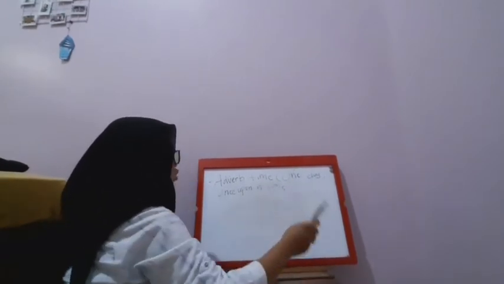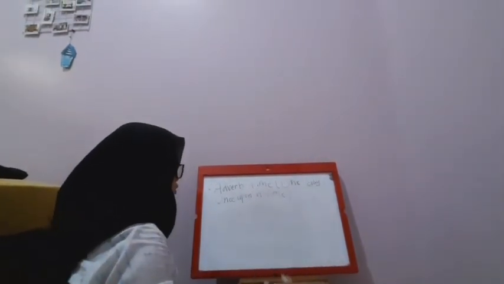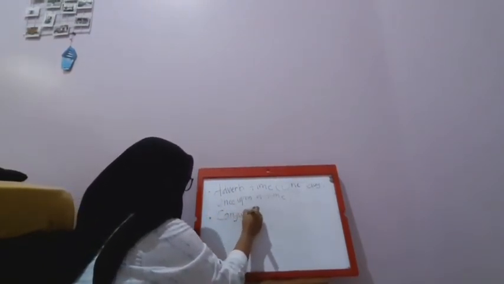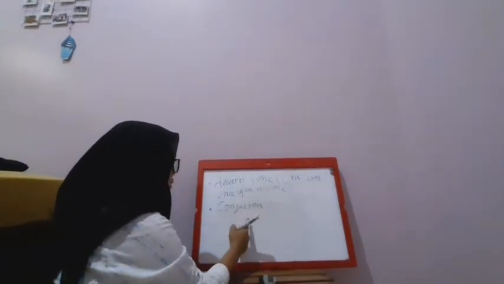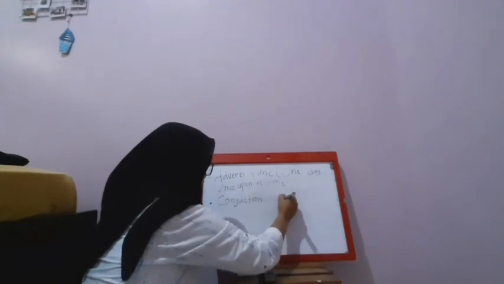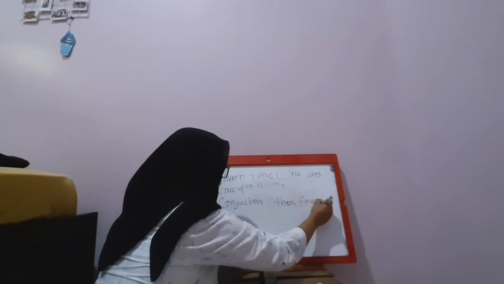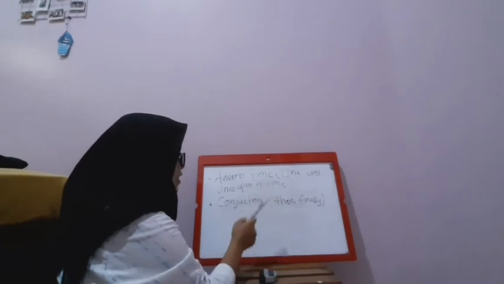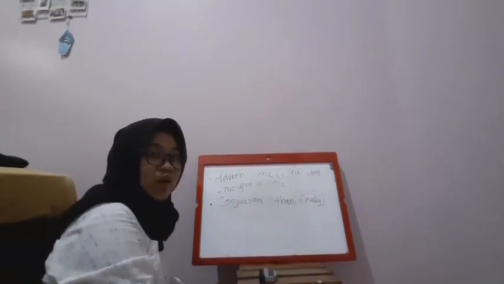Seperti one day pada suatu hari, once upon a time, digunakan untuk mengungkapkan waktu. And the last is conjunction. Conjunction adalah penghubung kalimat. Conjunction terdiri dari then and finally. Okay, finally we have discussed material about narrative text.